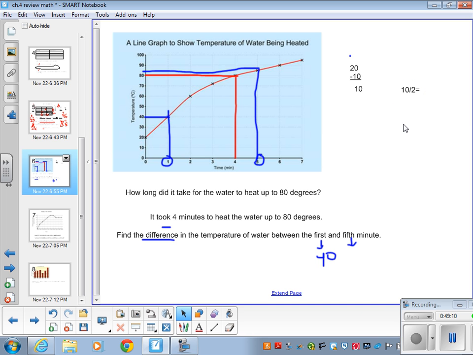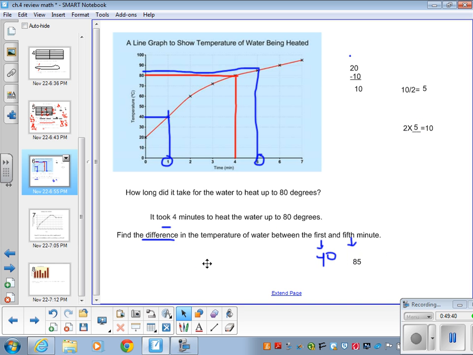Think. 2 times what gives me 10? If you said 5, you're correct. 10 divided by 2 is 5. It's the same as saying 2 times 5 is 10. So, the answer between 80 and 90 is 85.